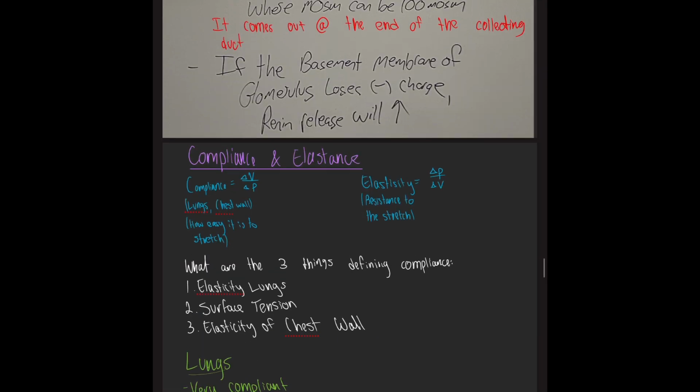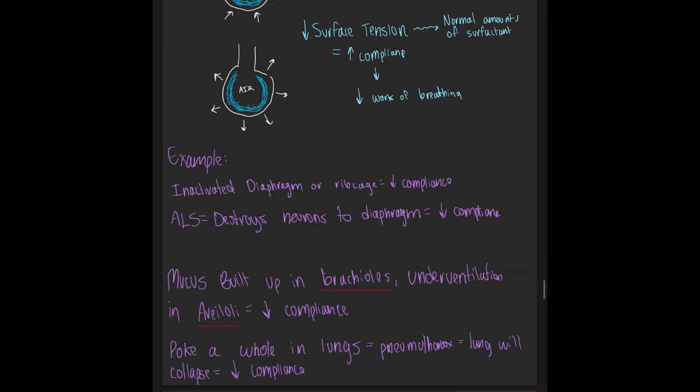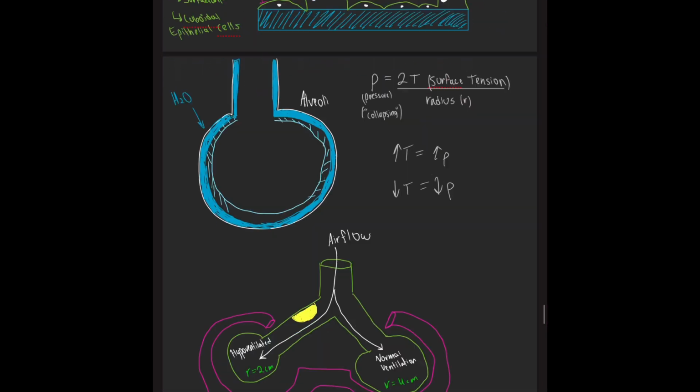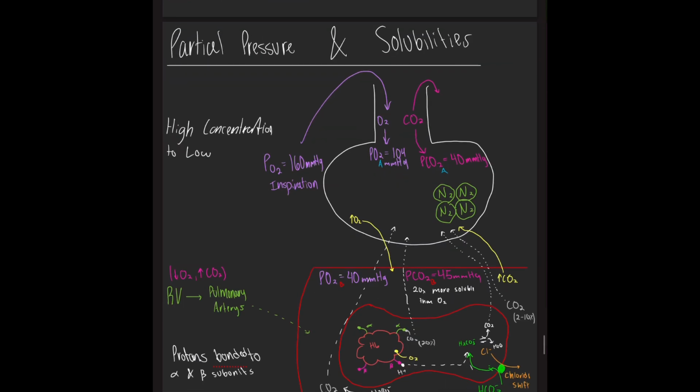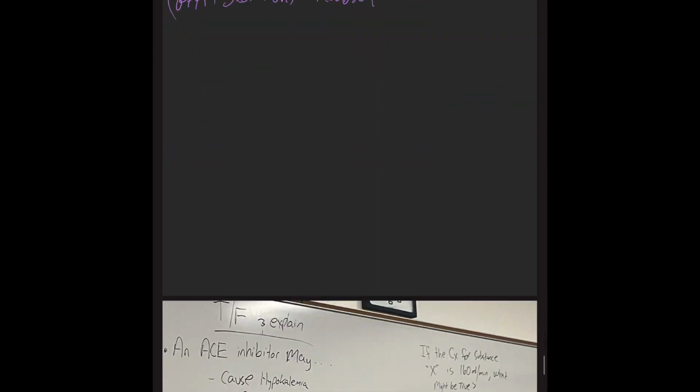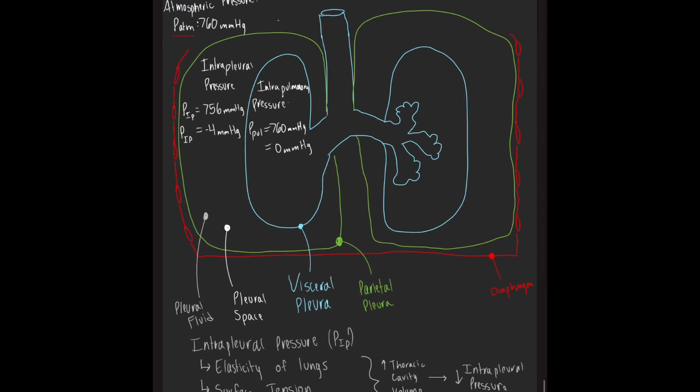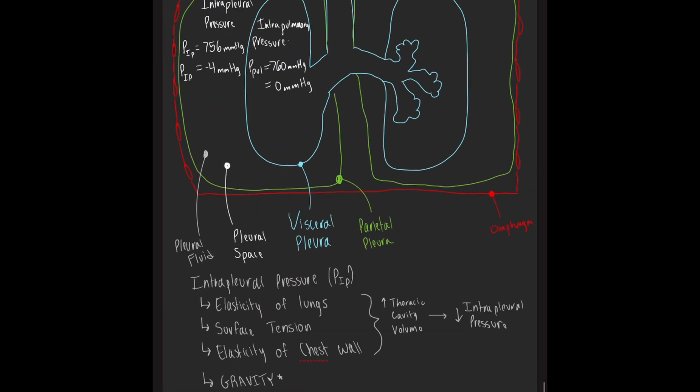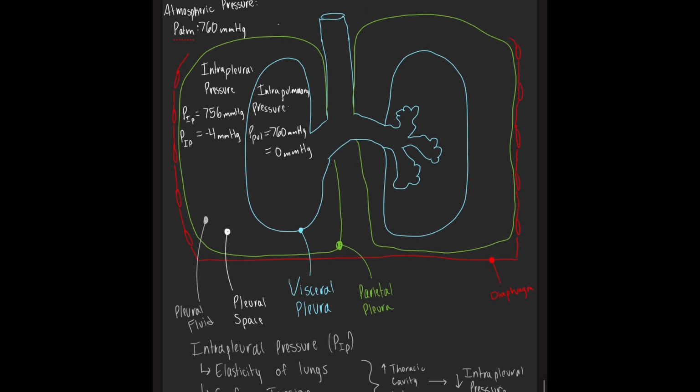We'll talk about compliance and elastance as well. Then we'll talk about partial pressure and solubilities in the next cut, because I just want to make sure I teach that well and study up on it a little more. Nevertheless, let's get into it.